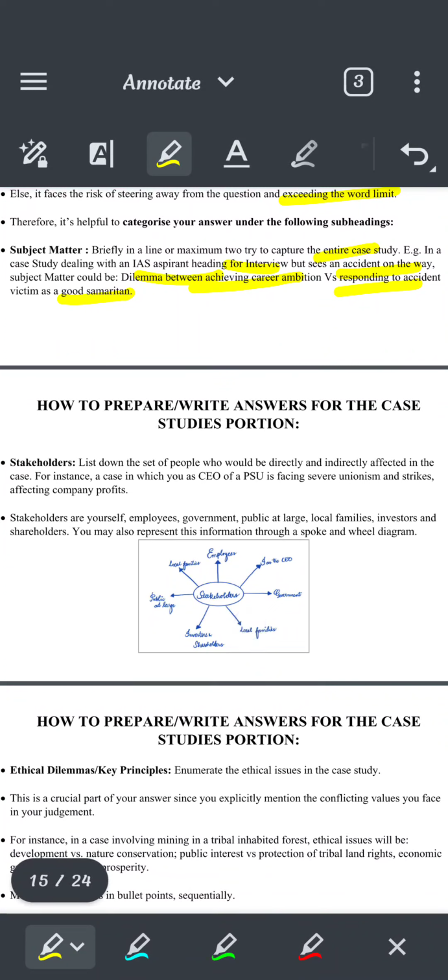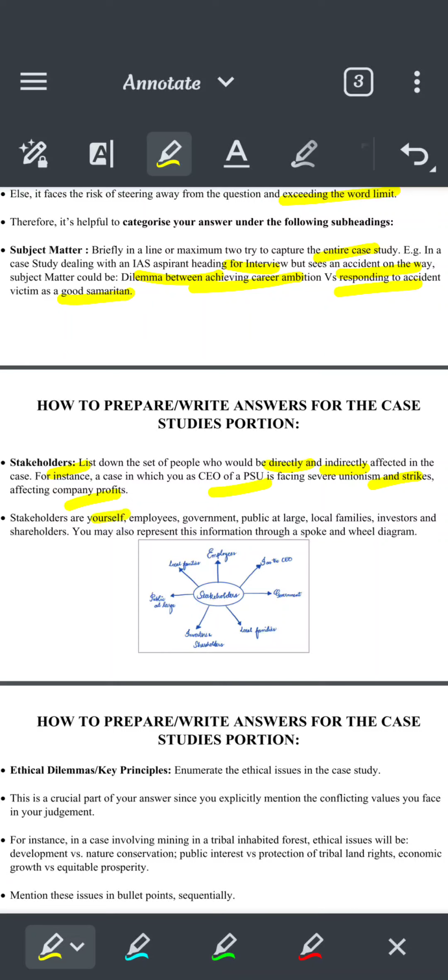You should also mention the various stakeholders in that case study. List down the set of people who would be directly and indirectly affected in the case. For instance, a case in which you as a CEO of a PSU are facing severe unionism and strikes affecting company profits.